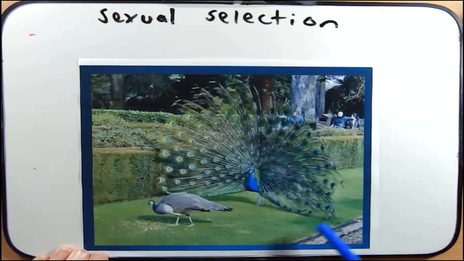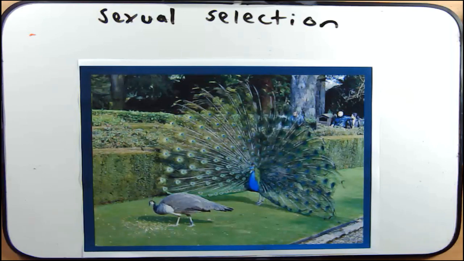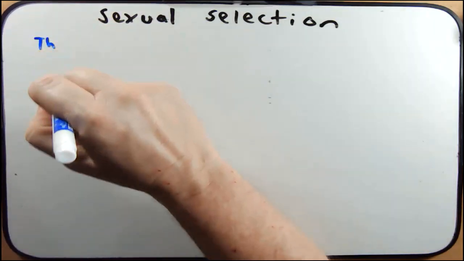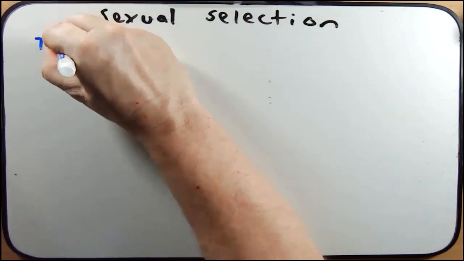That's a lot of energy to make all of this. He reasoned that the adaptive advantage was that the more brightly colored the peacocks were, the more likely they were able to attract a mate. And if they were able to attract more mates, then they would have reproductive success. This became known as the fundamental asymmetry of sex.